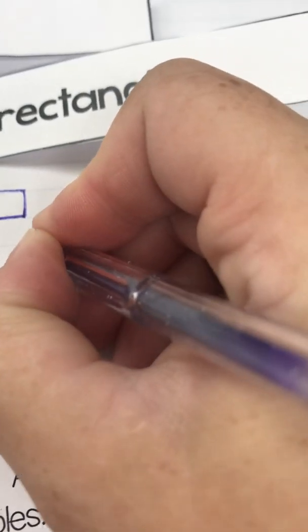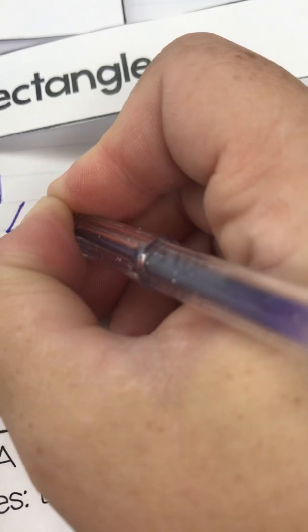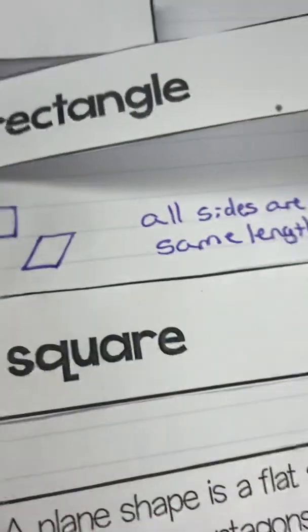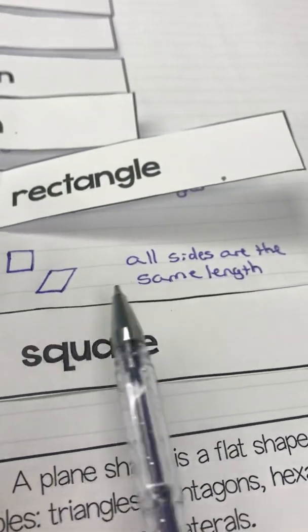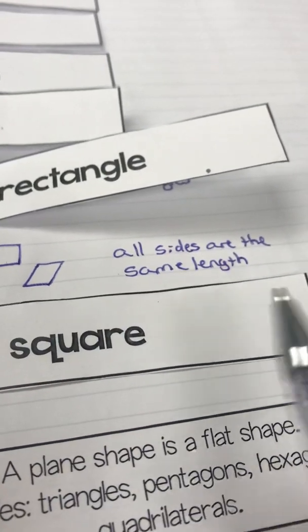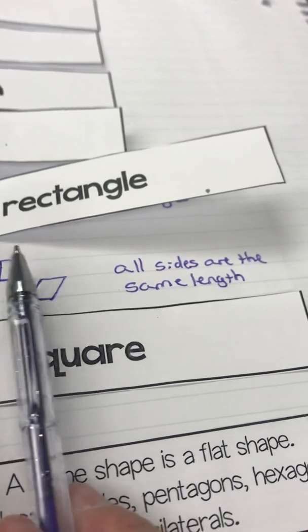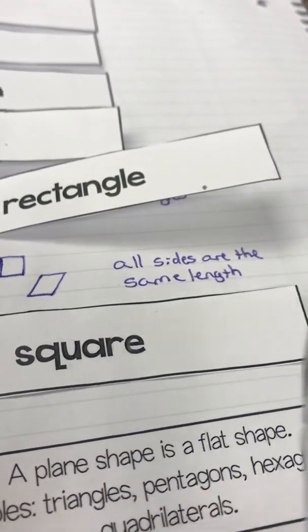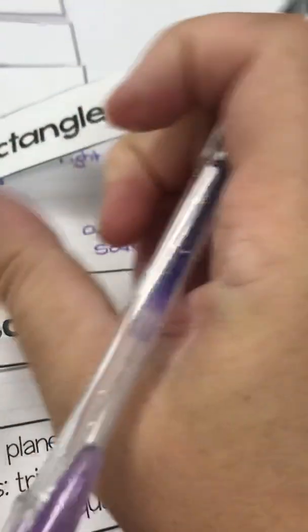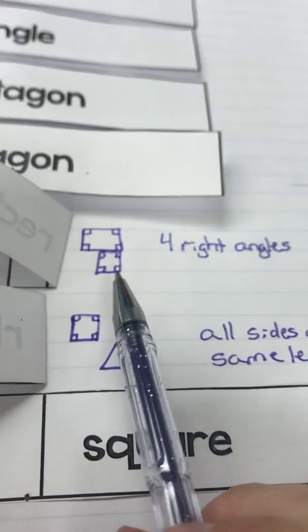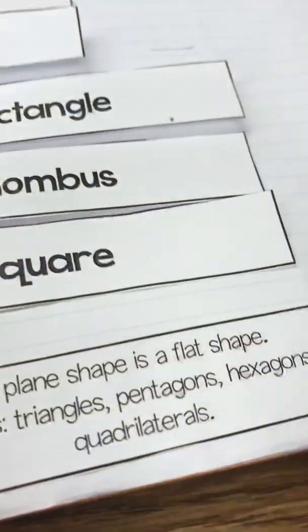Also, this is a rhombus. It's not a square because it doesn't have right angles, but it is a rhombus. To be a rhombus, every side has to be the same length. Both of these are rhombuses. This one because it has all equal sides, and this one because all the sides are the same length. I'm going to go back and put those right angles in here so you know that is a square. So look, a square can be a rectangle and a rhombus. It matches both rules, both attributes.